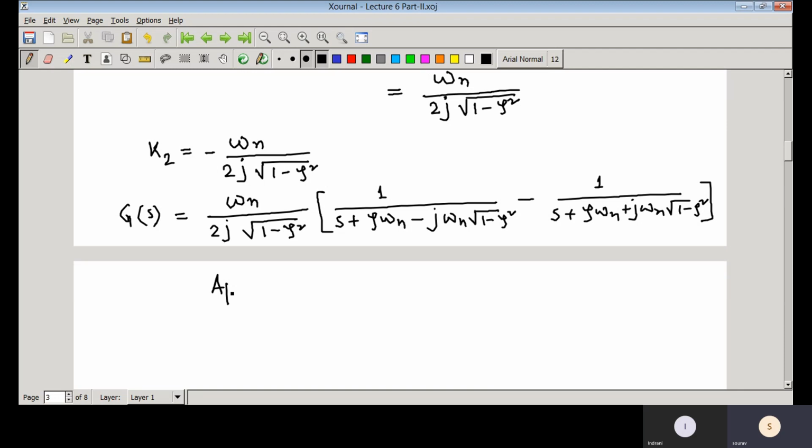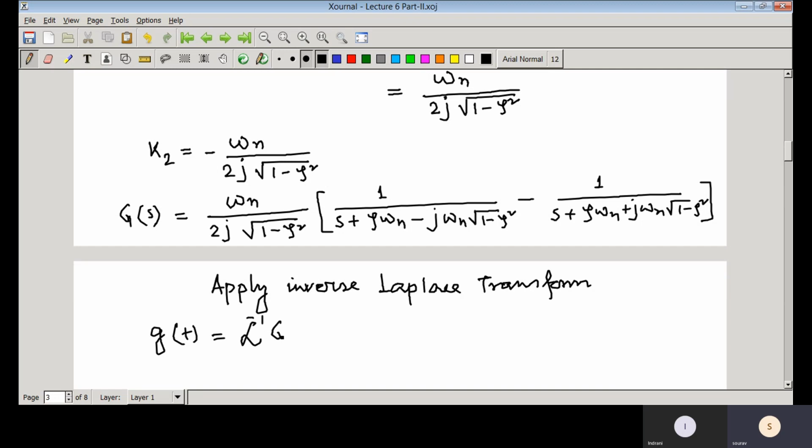So if you apply inverse Laplace transform, then you will get that g(t) equal to this inverse Laplace transform of G(s).